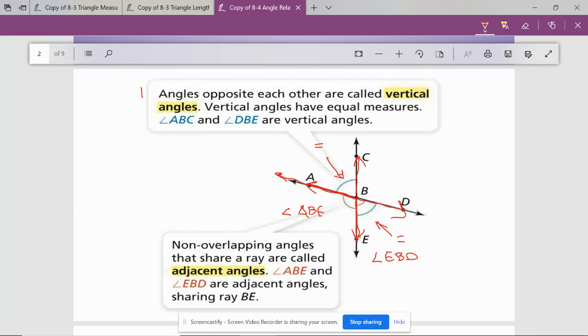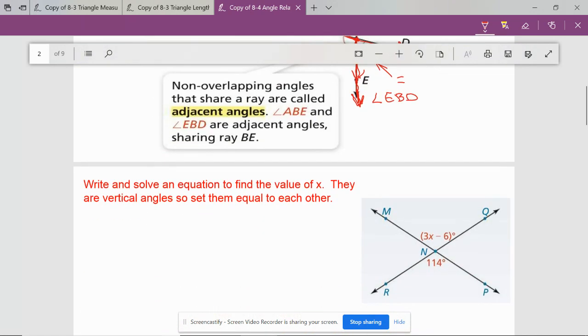Those two are adjacent. They're right next to each other, because they share ray BE. So hopefully that makes sense. Let's go on to the next slide.